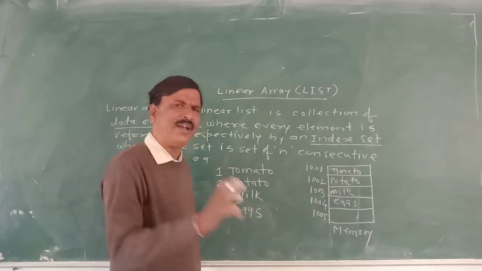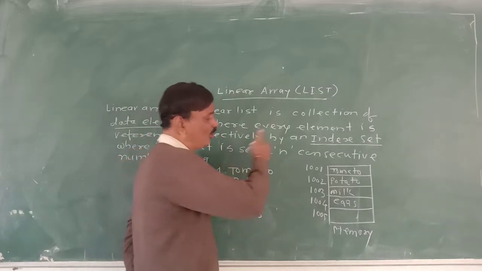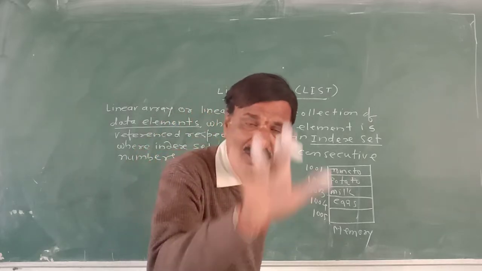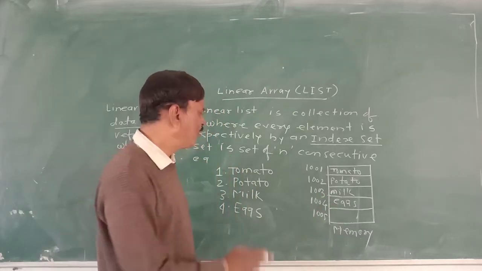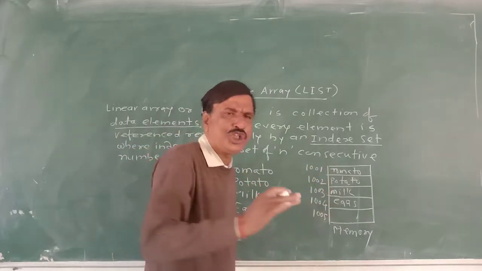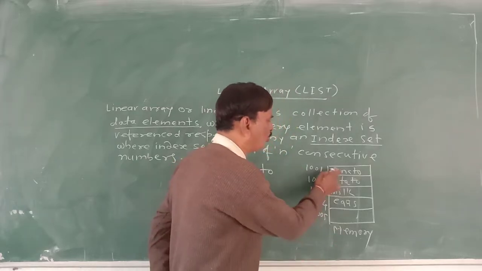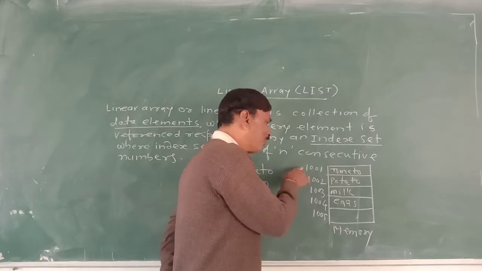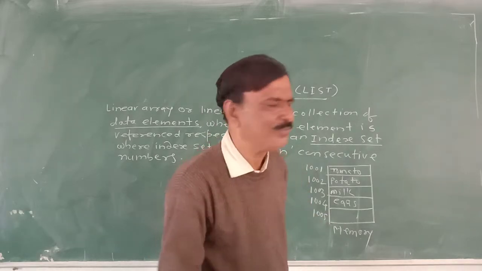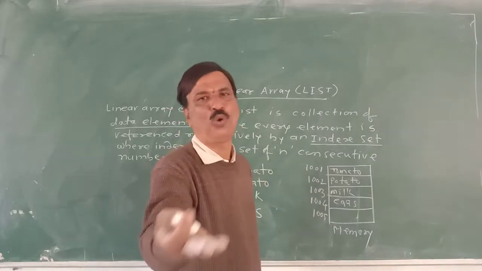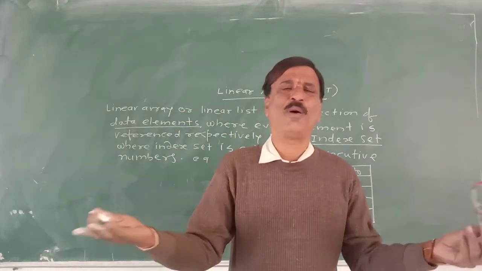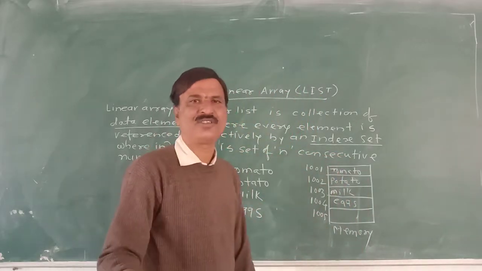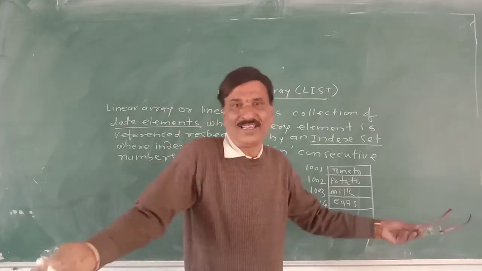But when the same list is organized in computer's memory, we store all these elements in consecutive memory locations, and every memory location has an address. That's why the address itself will play the role of the index set. So the problem of the index set is solved automatically.